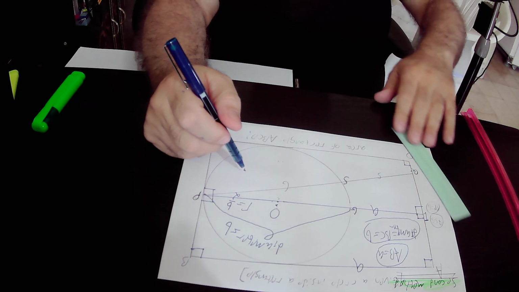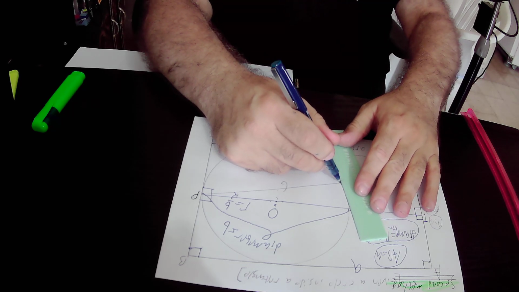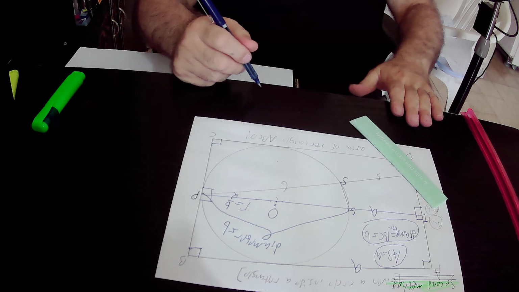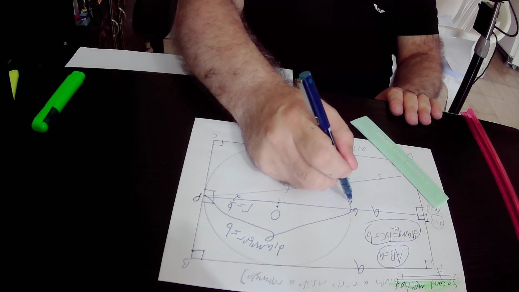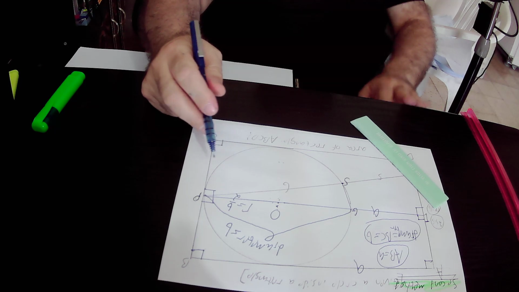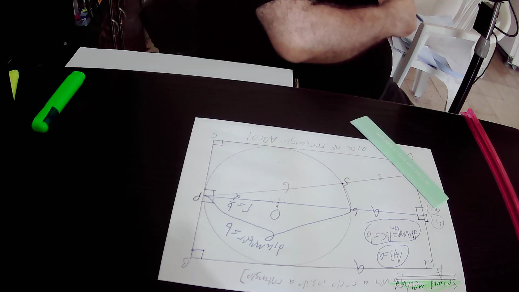In the next step, we'll join points S and G together by a straight line. So here we created peripheral angle GSP, and peripheral angle GSP rests on GP, that is the diameter of the circle.